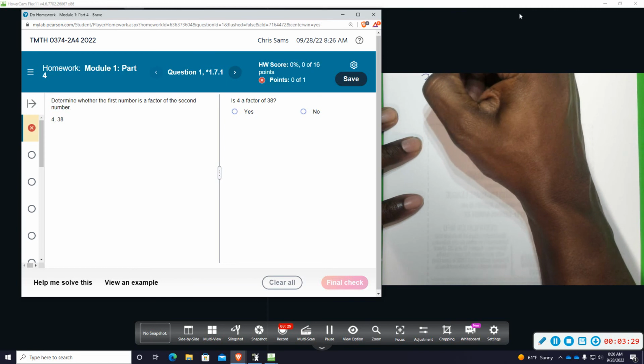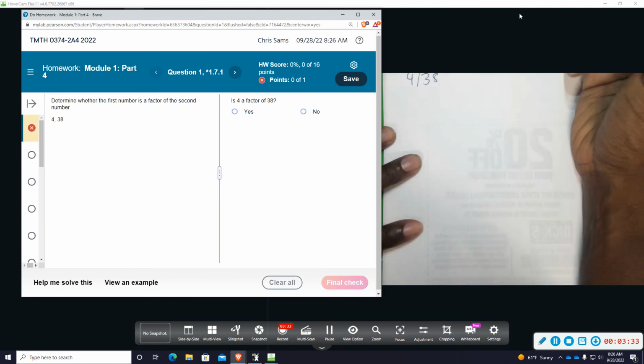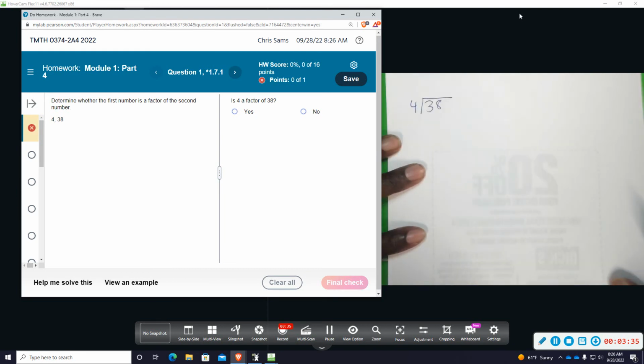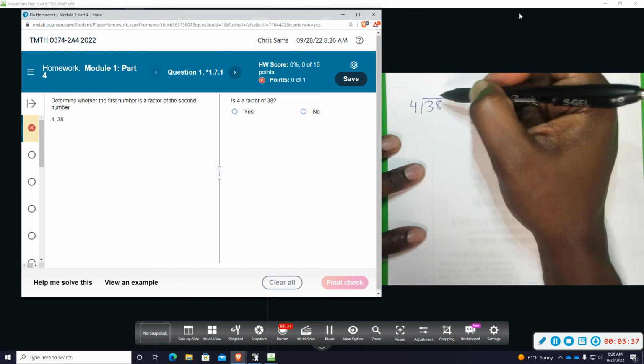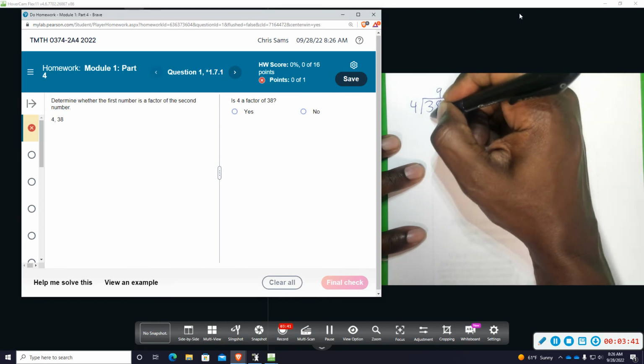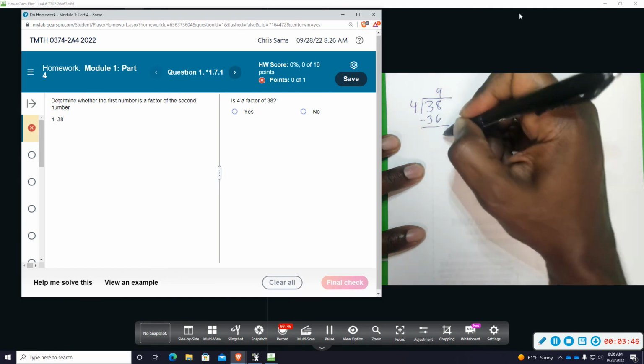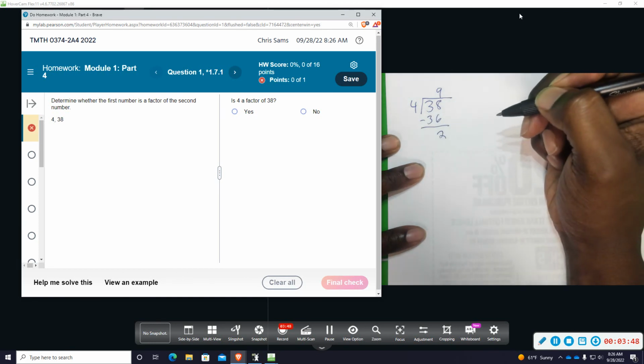I would take 38 and put it inside the box, and 4 would be on the outside, and I would see how many times 4 will go into 36? Well, 4 times 9 is going to give us 36. That's just under 38. Then you would subtract. That will leave you with 2.